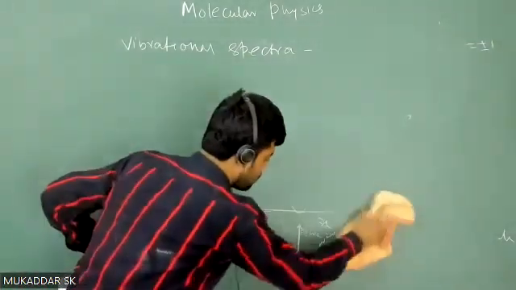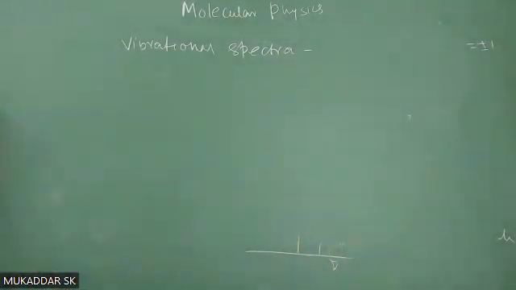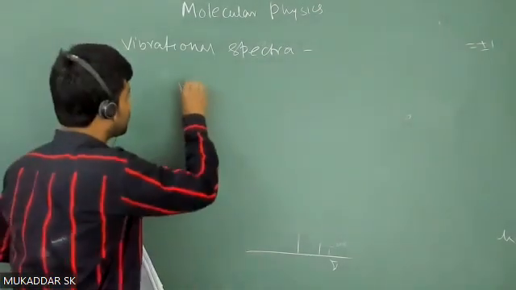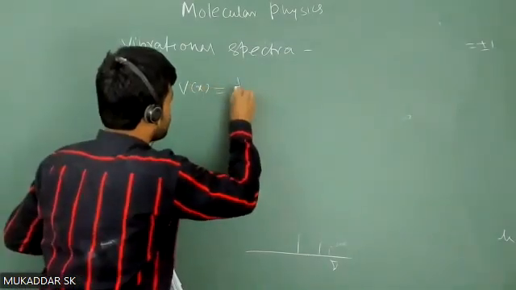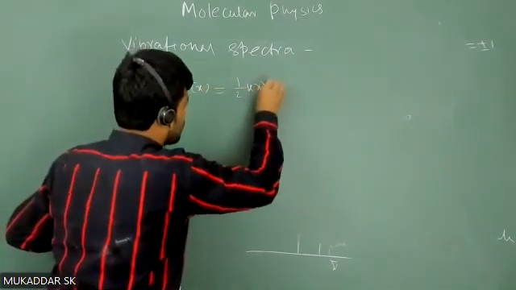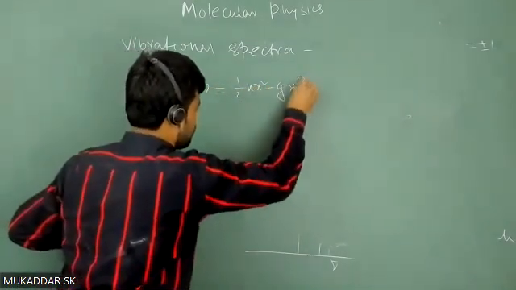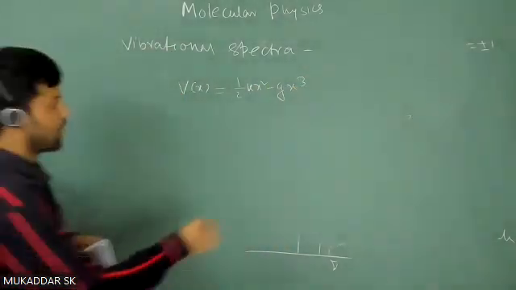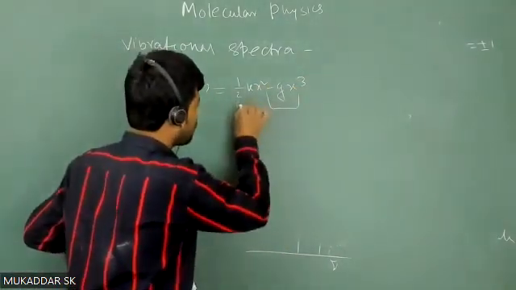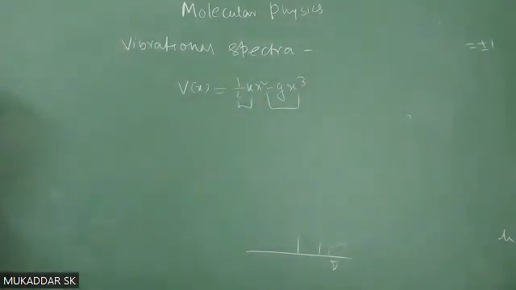The oscillation of a molecule is not actually harmonic oscillation, rather it is anharmonic oscillation, where the potential is half kx square minus gx cube. This is called the anharmonic term and this is your harmonic term. So altogether this potential is called anharmonic oscillation.